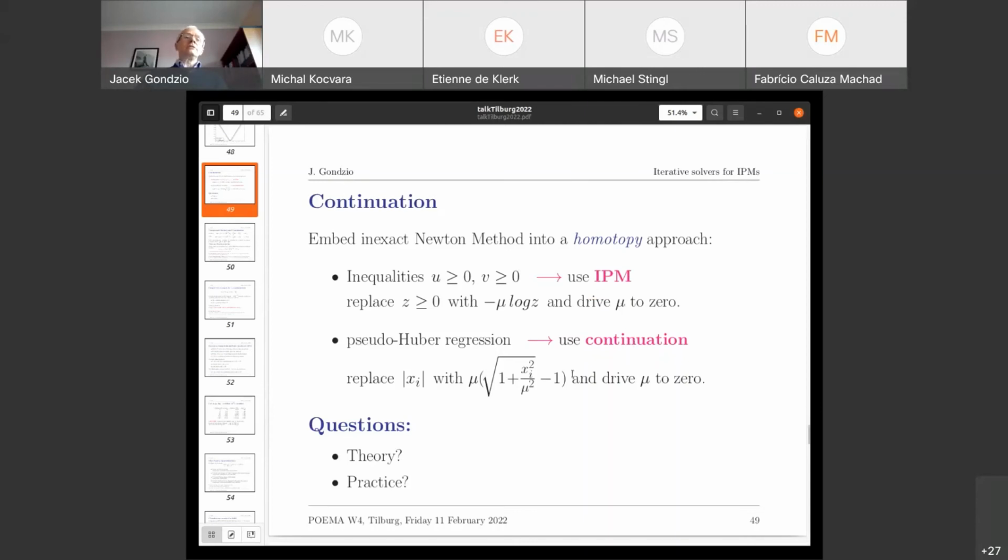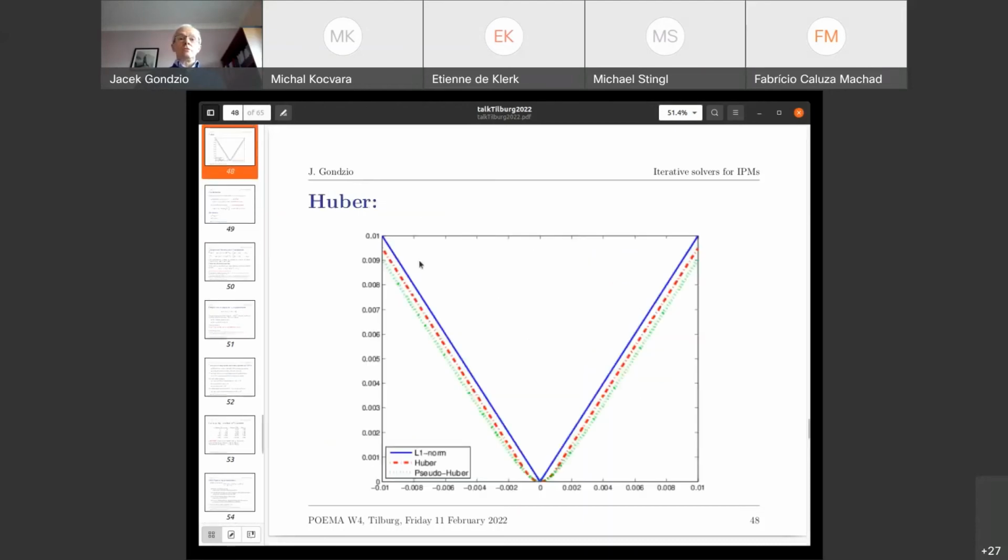An alternative is to use the pseudo-Huber approximation, that is, replace every absolute value of x_i, of the vector, with this pseudo-Huber function, and then take the parameter mu to 0, just like in interior point, although the meaning of this mu is very different. The meaning of this mu is just a parameter which approximates the pseudo-Huber function here on the picture.